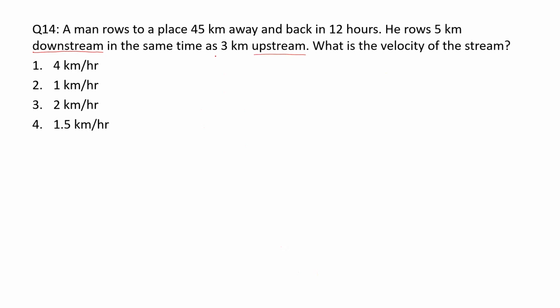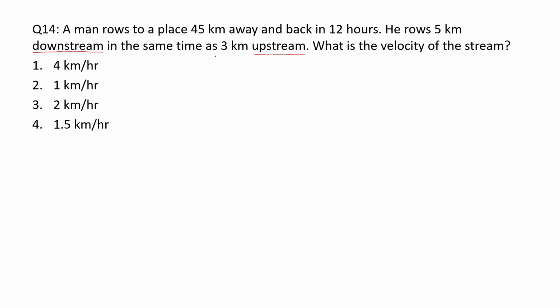Why is it so? Because when you are going downstream, the velocity of the stream is providing you velocity, meaning your speed will increase. But when you are going upstream, your velocity will be affected by the velocity of the stream. Getting my point?